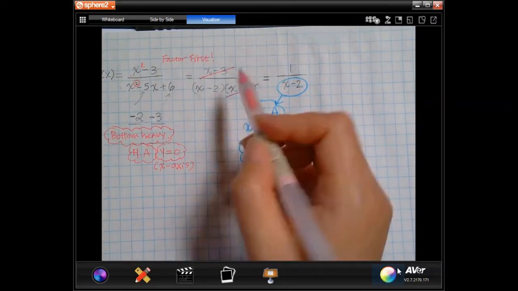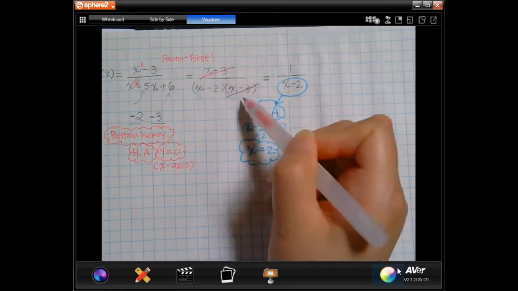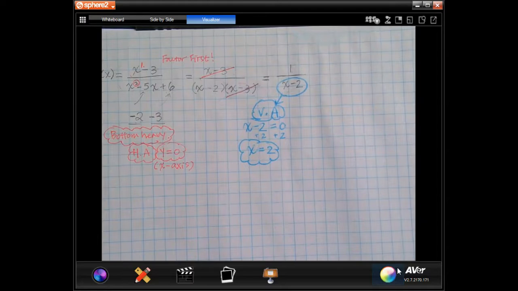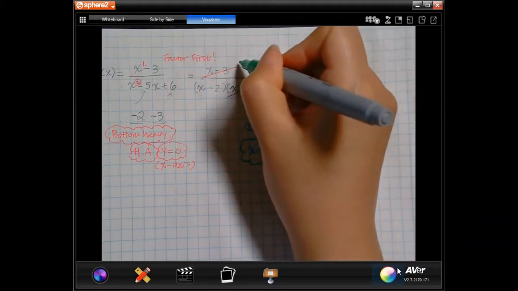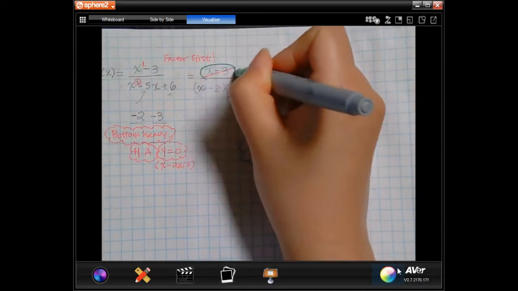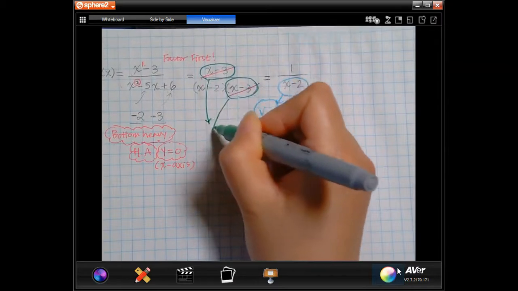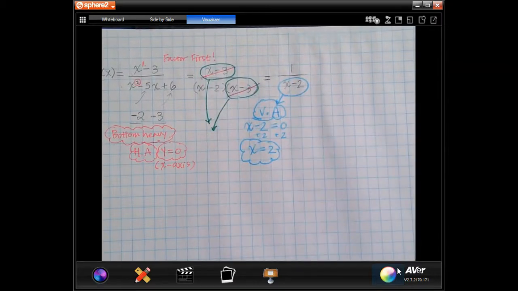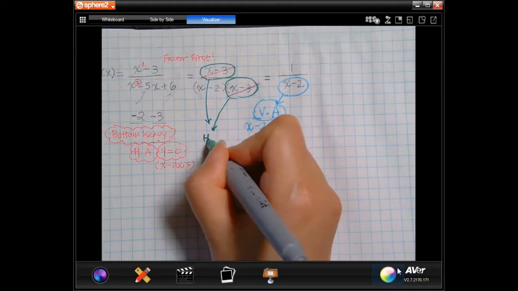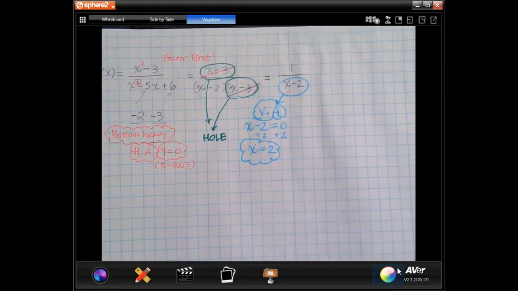So when you cancel the same factor top and bottom, that always gives you a hole. This cancellation part will give you the position of the hole that you can put directly on your graph on the curve.